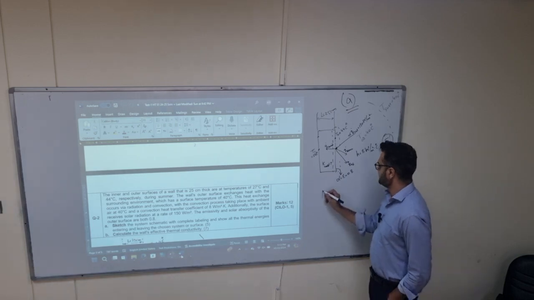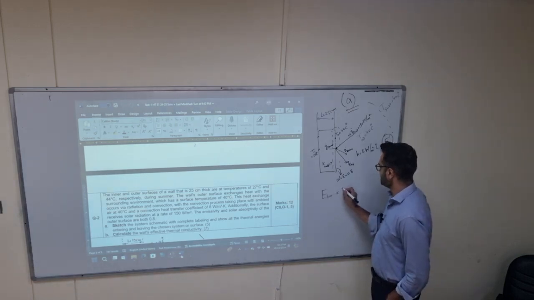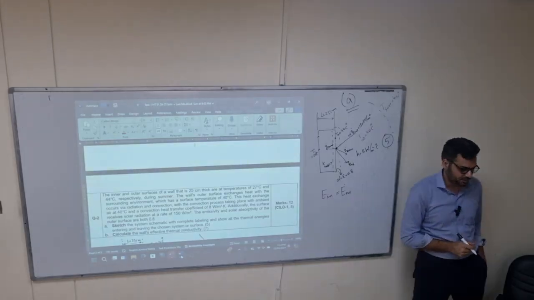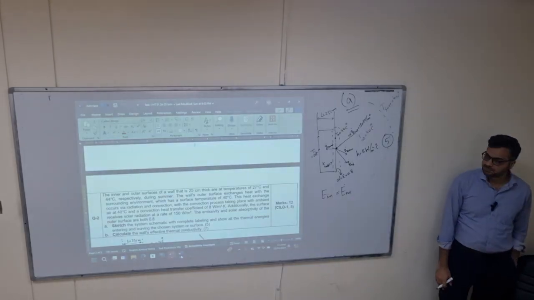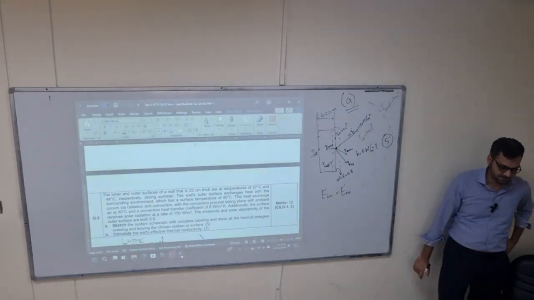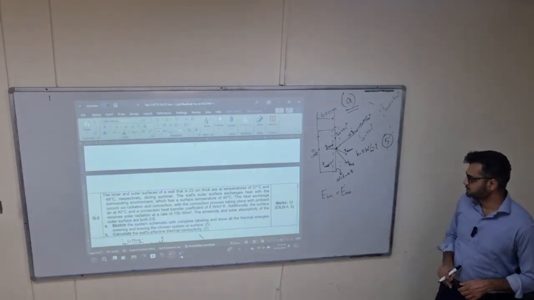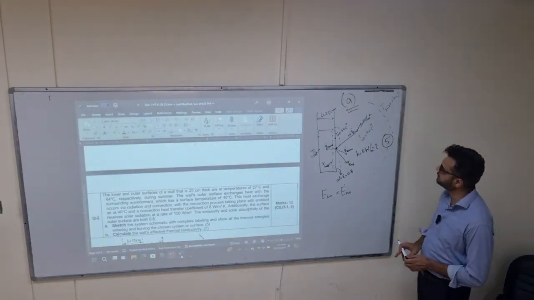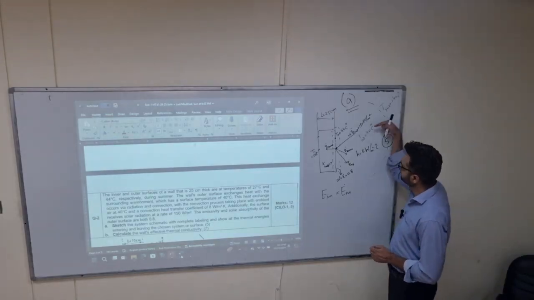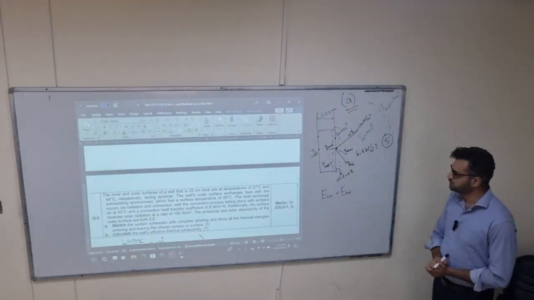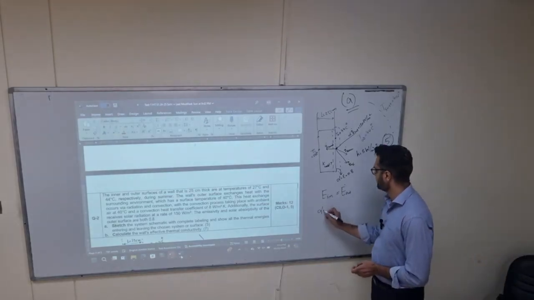For that surface, the energy balance, we know E in is equal to E out. For a surface, the energy stored is 0, steady state, no heat generation in the surface. So our energy balance is simply E in is equal to E out. So what is the energy entering? Alpha into Q dot solar, yes.